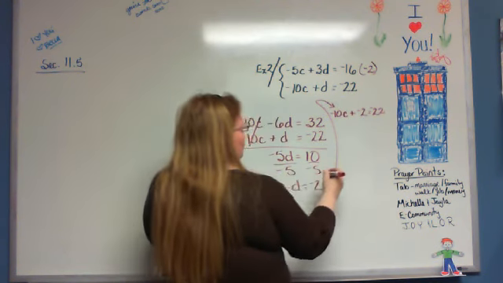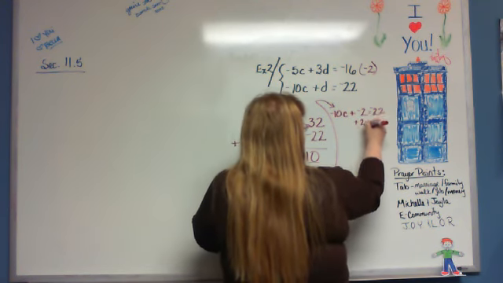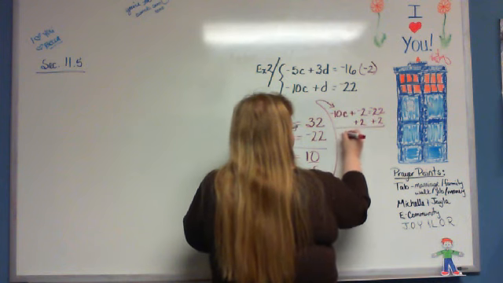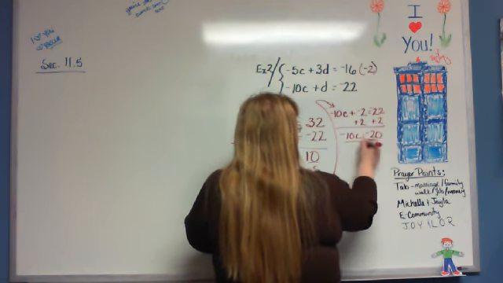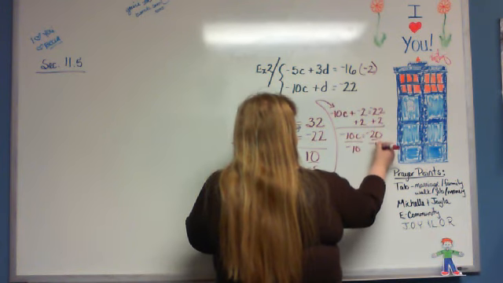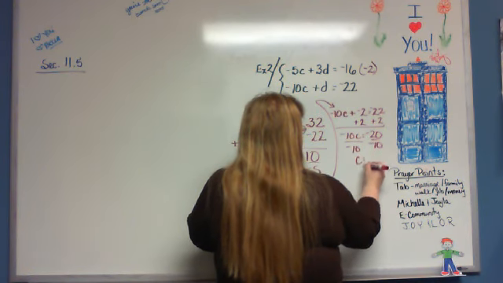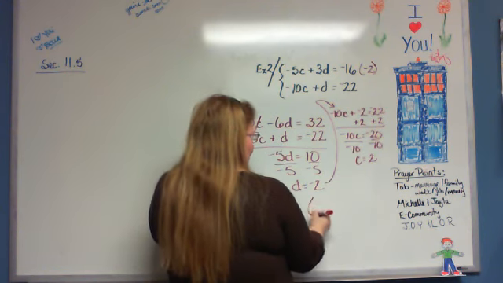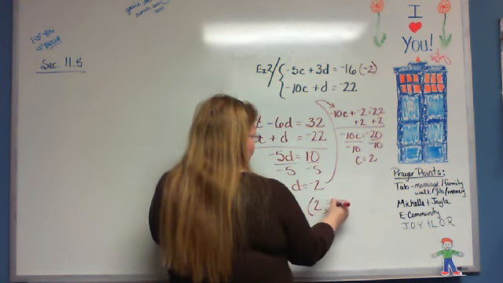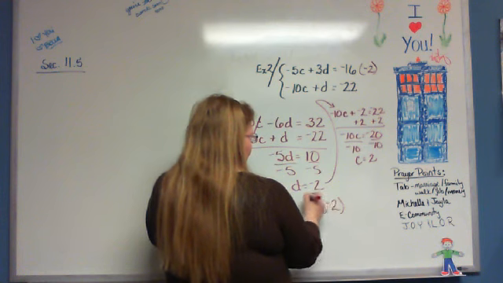Sorry, negative 22. Add 2 to both sides. Negative 10c is equal to negative 20. C is equal to 2. Which makes your point 2, negative 2.